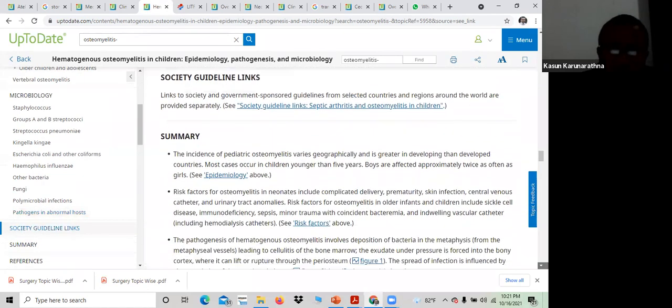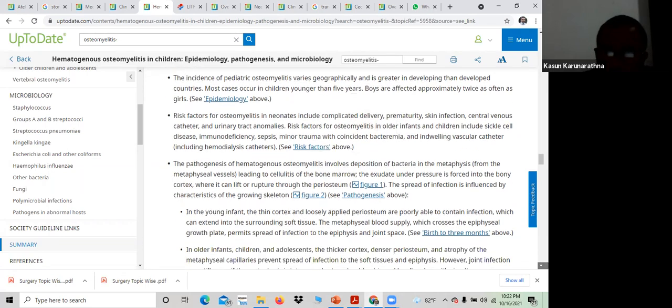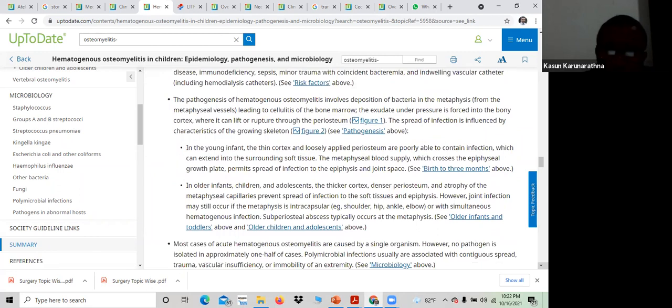Osteomyelitis in children, right? Incidence of pediatric osteomyelitis varies geographically and is greater in Europe. Risk factors in neonates include complicated delivery, prematurity, skin infection. The pathogenesis of hematogenous osteomyelitis involves deposition of bacteria in the metaphysis, in the cellular areas of the bone marrow.